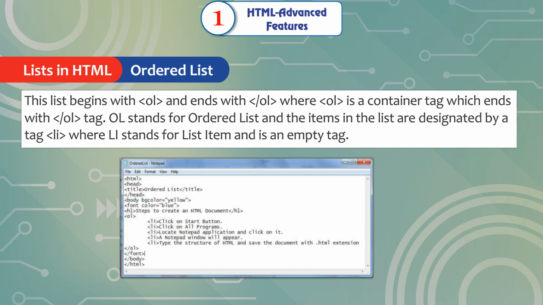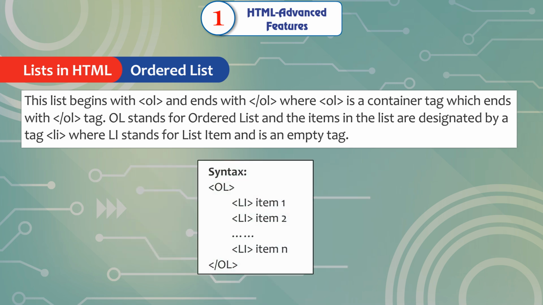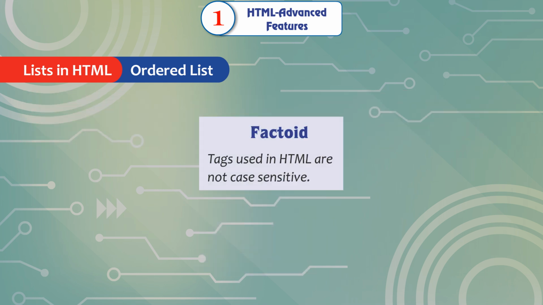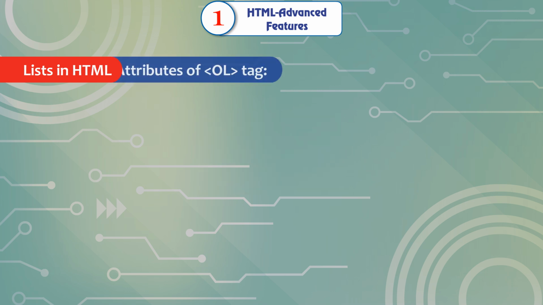OL stands for ordered list, and the items in the list are designated by the LI tag, where LI stands for list item and is an empty tag. Syntax. Factoid: tags used in HTML are not case sensitive.